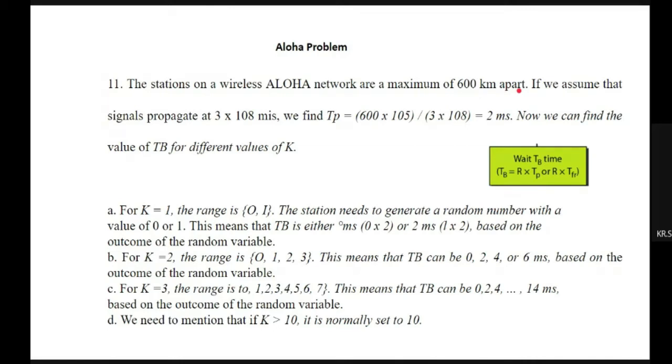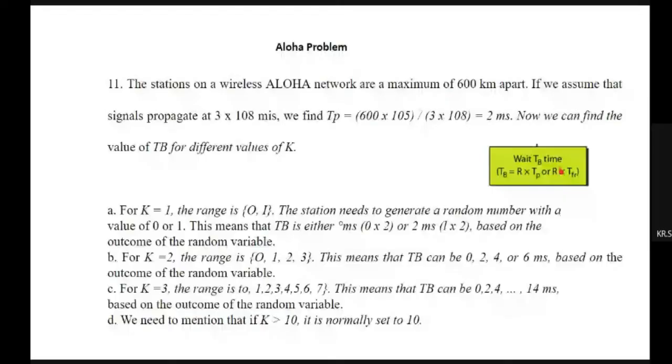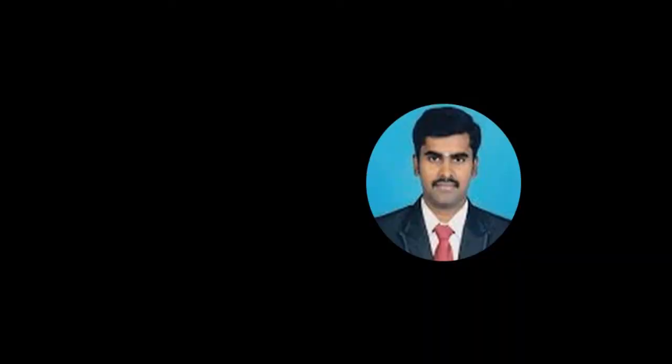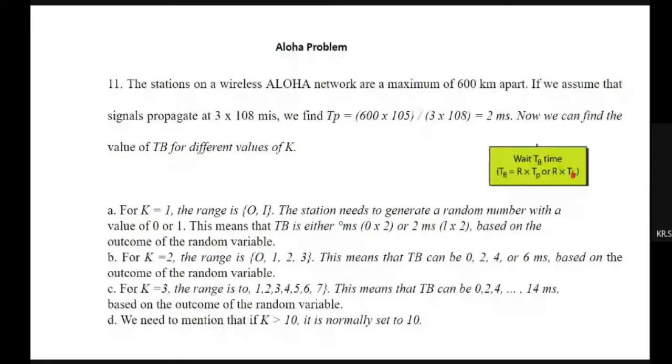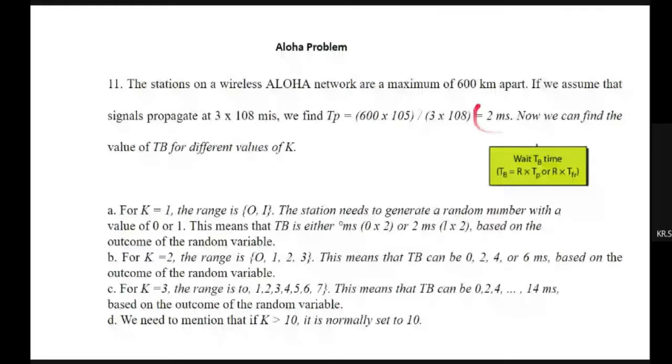If we assume that signals propagate at 3 times 10^8 meters per second, we can find Tp. The formula is R times Tp, so 600 times 10^3 divided by 3 times 10^8. So 2 milliseconds is the answer for Tp. Now we can find the average waiting time.